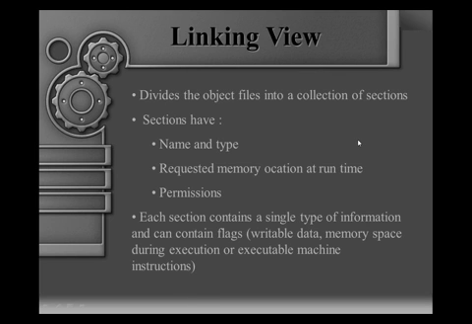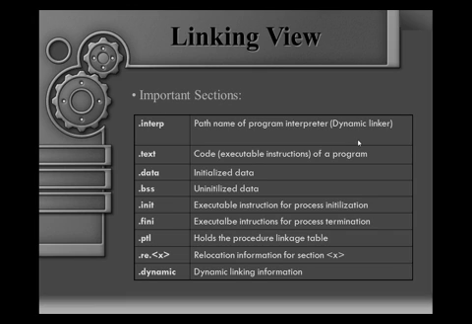These are the important sections that divide the main object into multiple parts. First of all, there is .interp, which contains the path name of the program interpreter, that is your dynamic linker. Then there is .text, that is the code of a program.